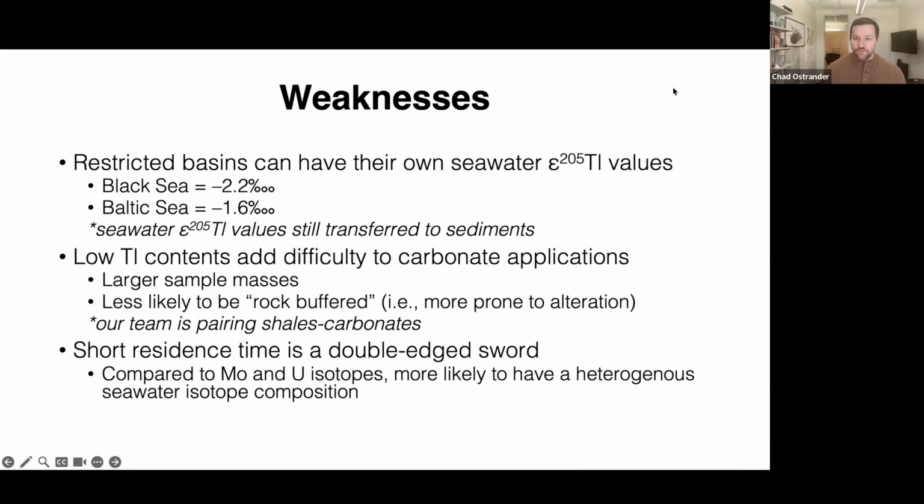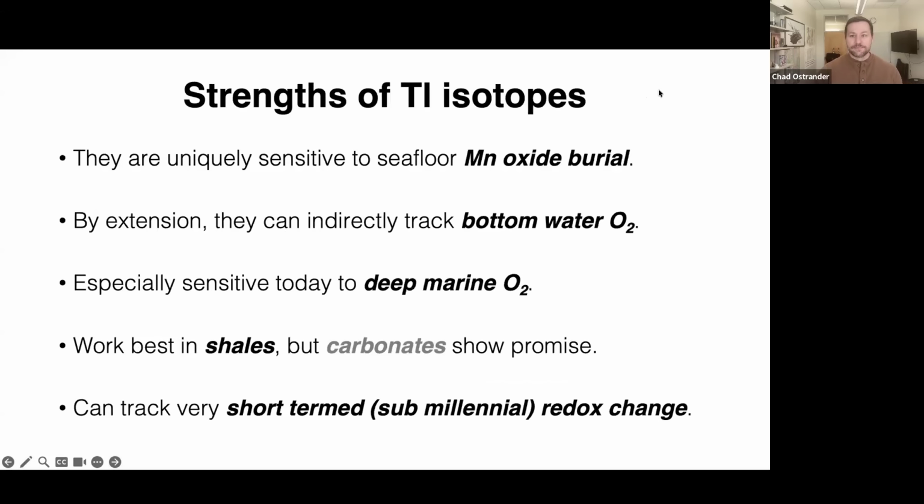It would really dampen the use of this tool as a global scale redox proxy, and make it more of a local scale indicator. The molybdenum and uranium systems have much longer residence times. It's much harder to push those residence times lower than the ocean mixing time. So again, there are benefits, but also weaknesses to that short residence time. And we need to appreciate that when we apply thallium isotopes.